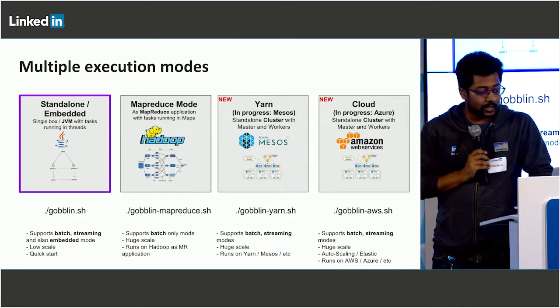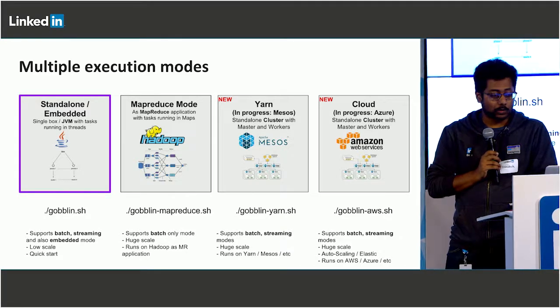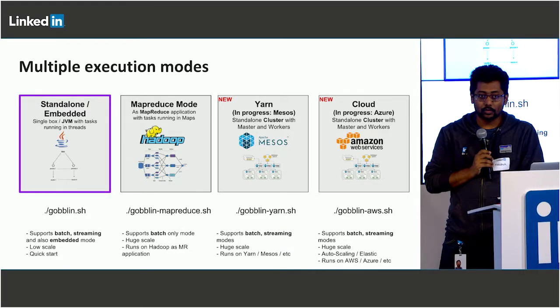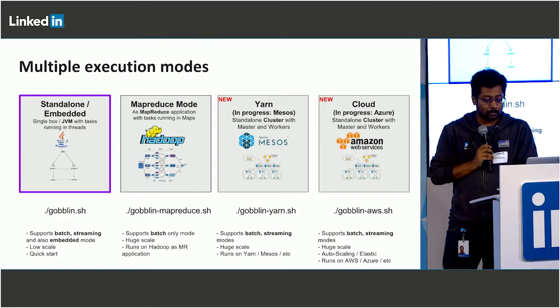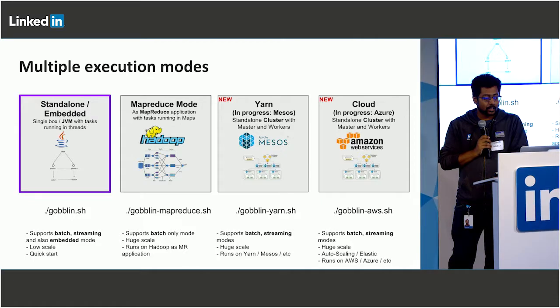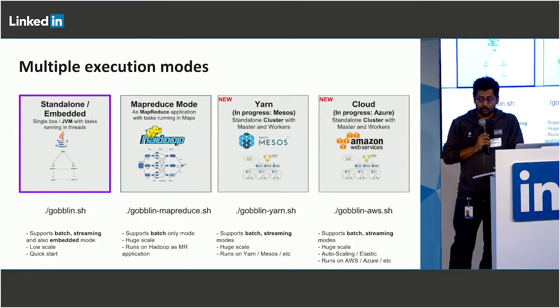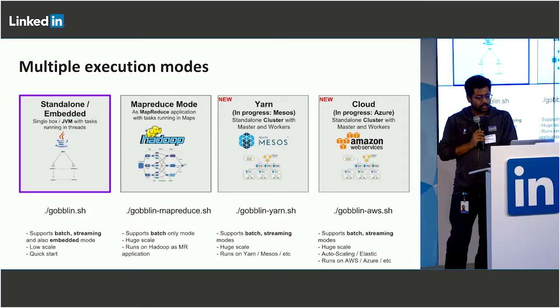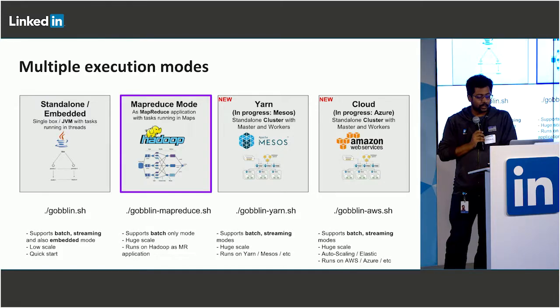Another big update is that now we support multiple execution modes. Many of you know Gobblin from a while back when it used to just run as an MR application in MR mode. Now it can actually run in multiple modes. So you can run it in a standalone JVM or in embedded mode in your application. Or you can run in MapReduce mode, like it traditionally had the strong foothold in.